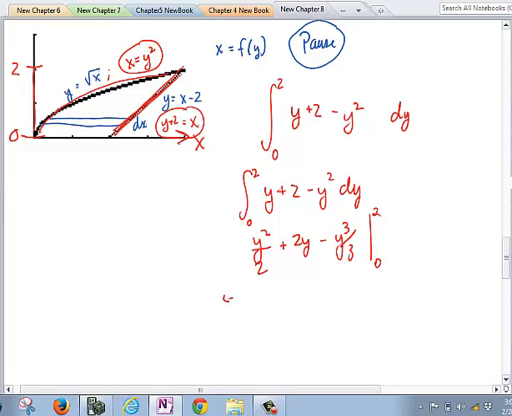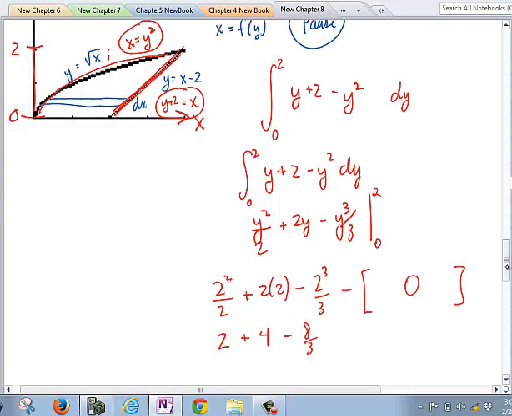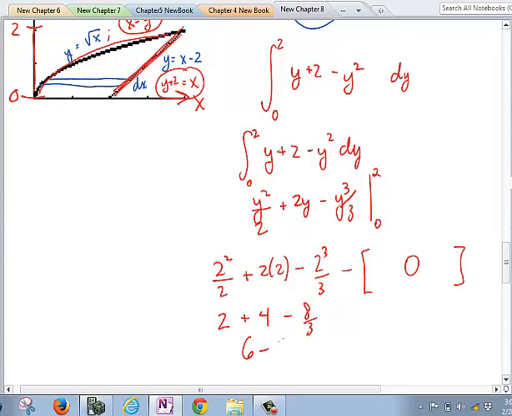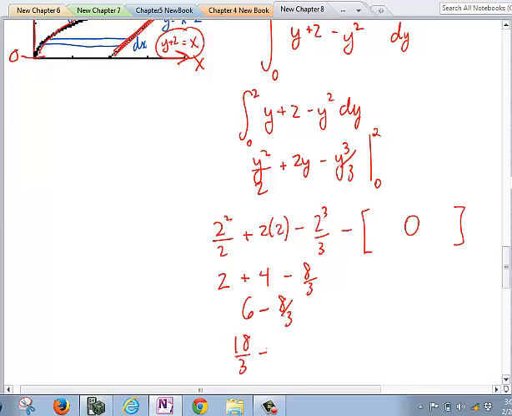We're going to have 2 squared over 2 plus 2 times 2 minus 2 cubed over 3, and the lower limit evaluation is going to be 0 when you plug 0 into each of those functions. 2 squared over 2 is 2, plus 4 minus, this is going to be 8 over 3. So we basically have 6 minus 8 thirds. 6 turned into thirds is 18 thirds, minus 8 thirds gives us the same exact area, 10 thirds, that we had before.